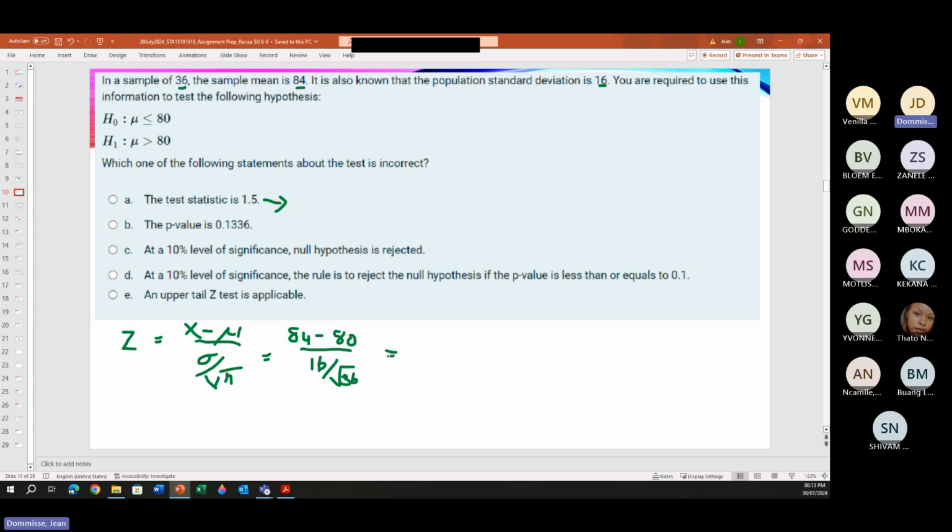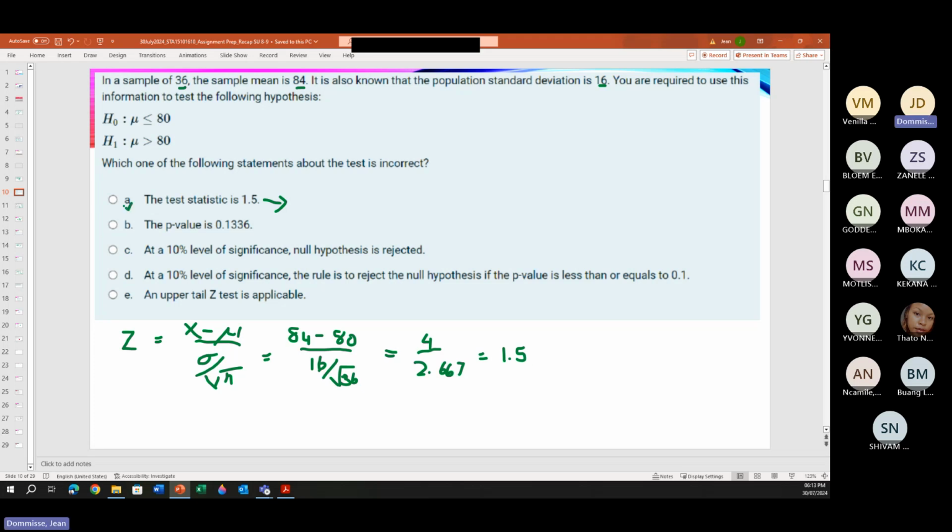Okay, so 84 minus 80 is 4. And then 16 divided by 6 is 2,667. So 4 divided by 2,667 is equal to 1.5.